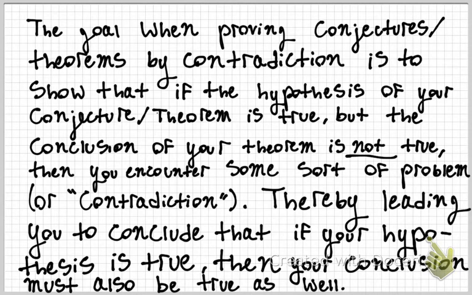Okay, so in proof by contradiction, conjectures and theorems have hypotheses and then they have conclusions. If, and then: everything that follows after the if is your hypothesis, and everything that follows after the then is your conclusion. What we do is we assume our hypothesis to be true, but our conclusion is not true.